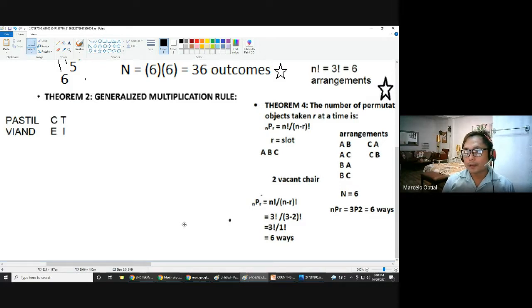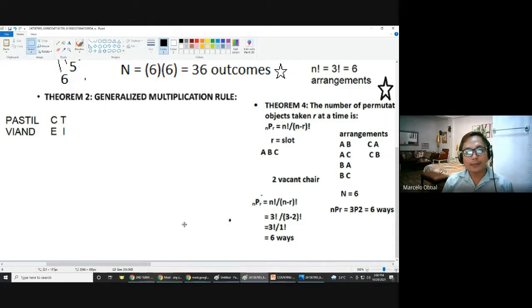And example, yung budget lang natin is that we can only buy one type of pastil and one type of additional viand. Example, in that tindahan or that small eatery, they're only selling chicken pastil at saka tuna pastil. Okay, you can only choose one, no?